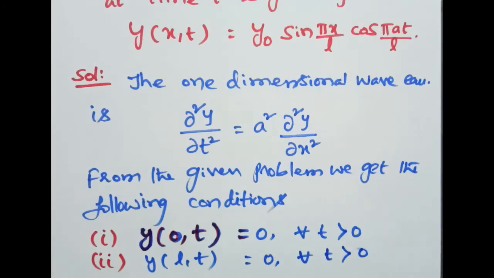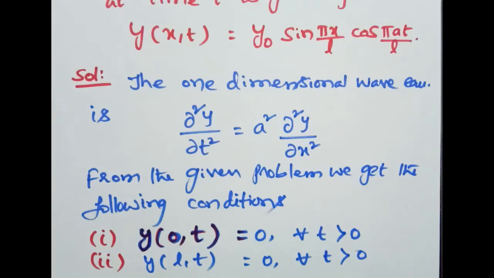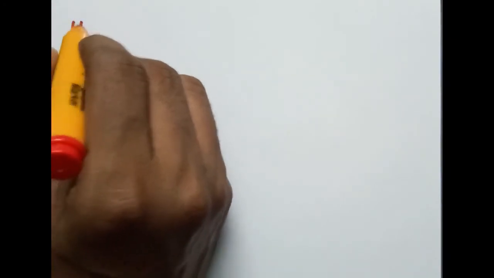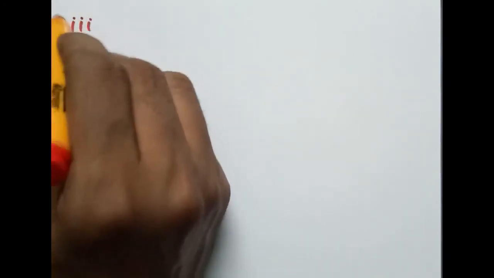At both the end points, the displacement is 0. There is no displacement at both the ends. Condition 3: initial velocity in the string is 0.